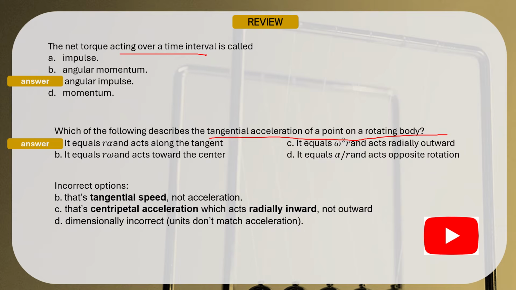So letter B and letter C are not the right answers. Letter D is dimensionally incorrect, and the units don't match acceleration if you use this formula. So the best answer for this item will be A. It equals the radius multiplied by the angular acceleration.